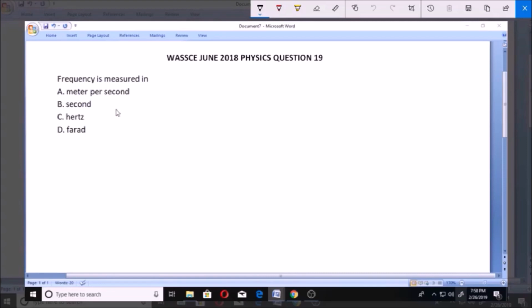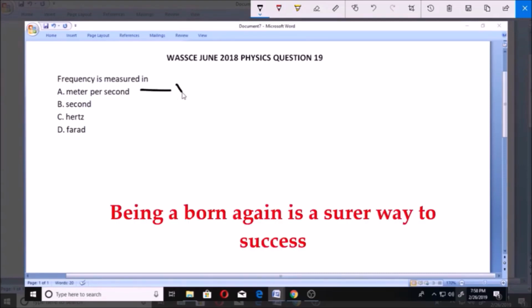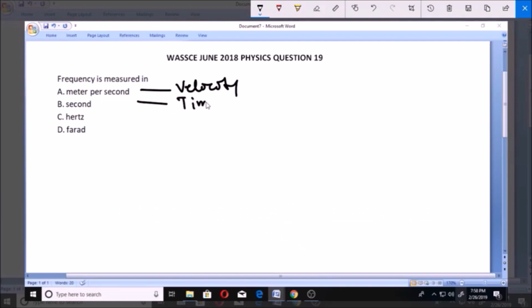We know that meter per second is the unit for velocity. Seconds is the unit for time. Hertz is the unit for frequency, and farad is the unit for capacitance.